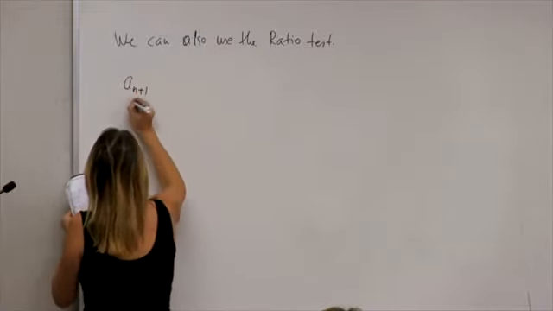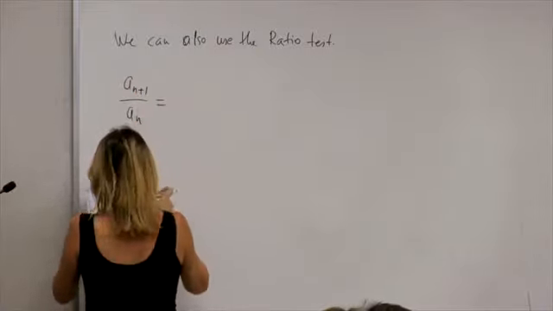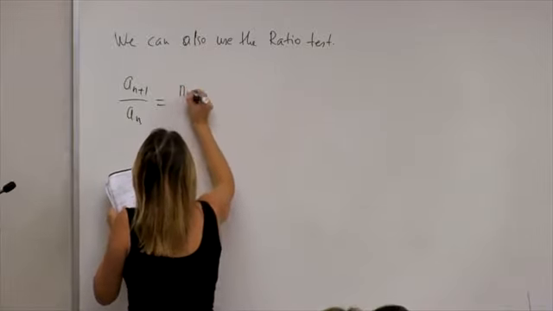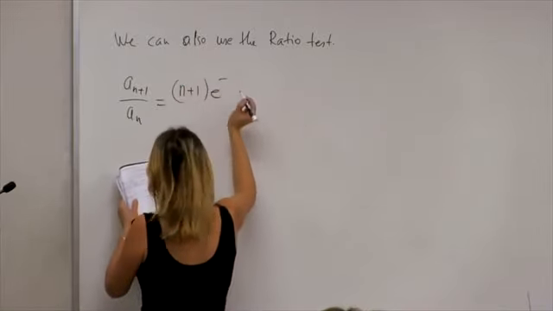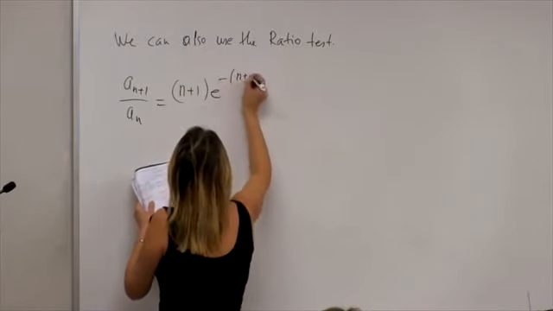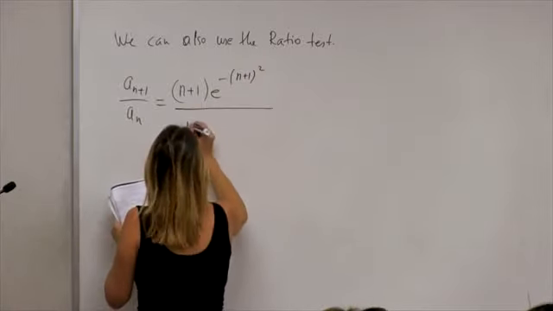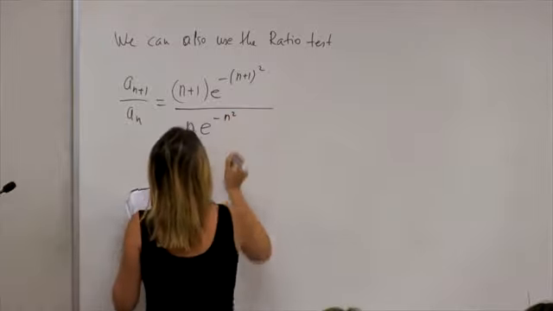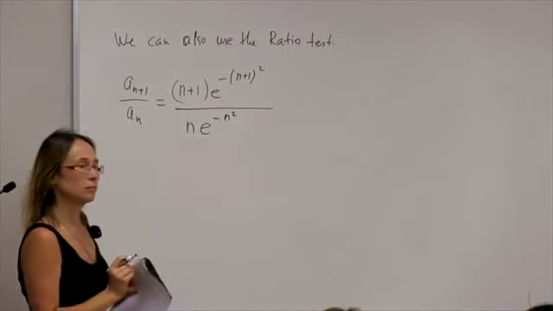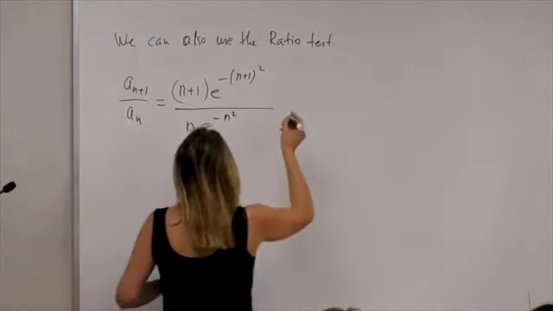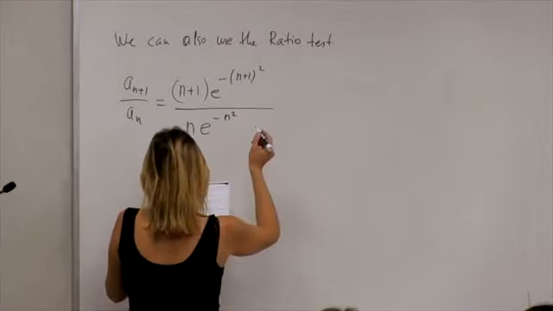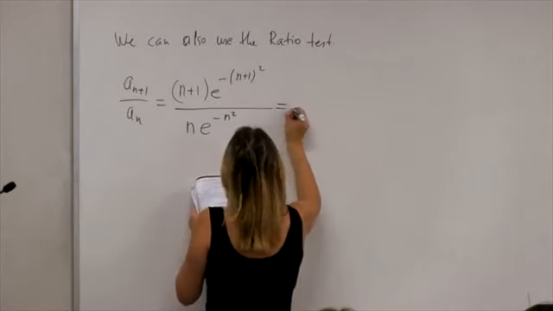So we have n plus 1 times e to the minus (n plus 1) squared, and we divide that by n e to the minus n squared. Let's simplify it a little bit.